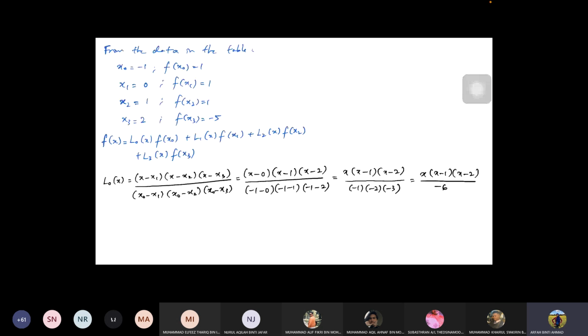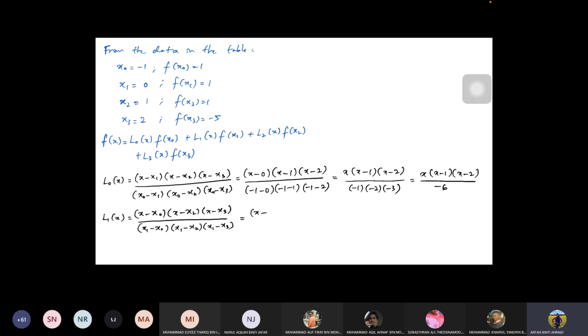Okay. So L1x sama dengan x minus x0, x minus x2, x minus x3, bahagi dengan x1 minus x0, x1 minus x2, x1 minus x3. Okay.